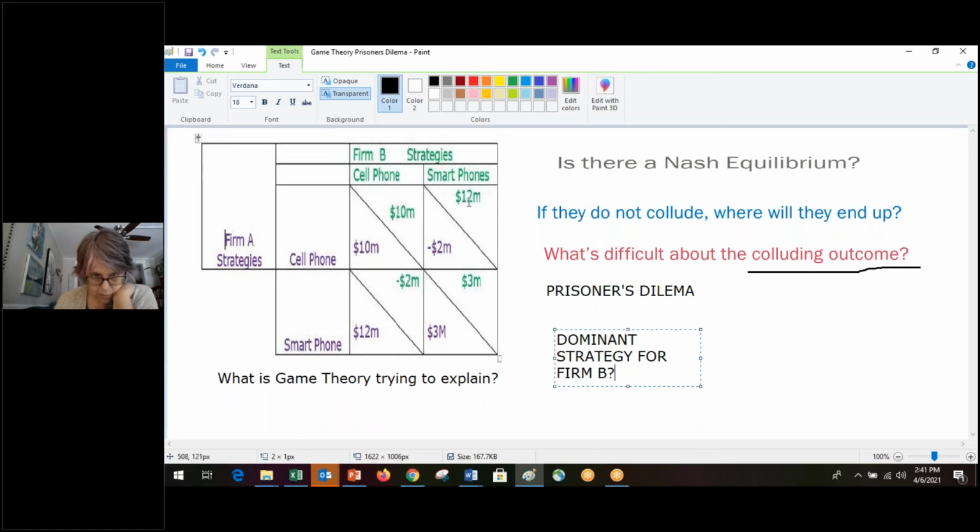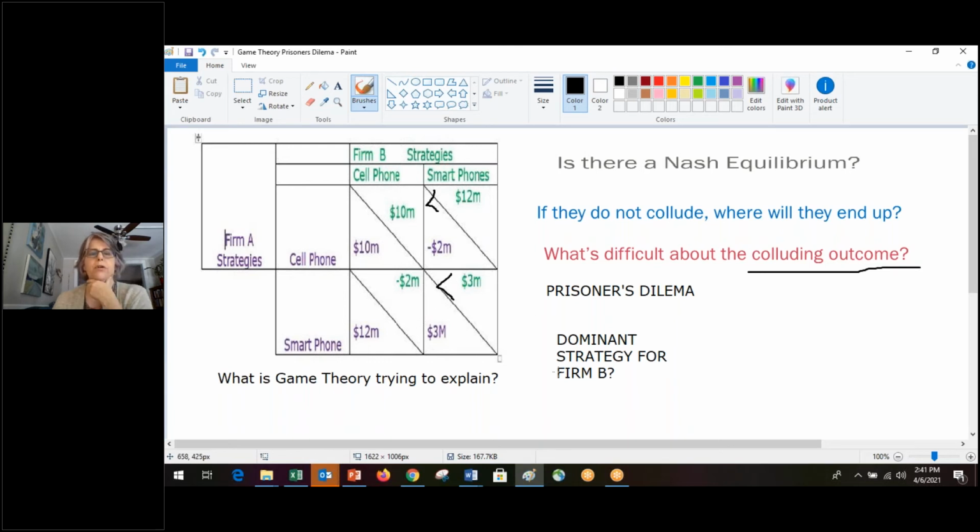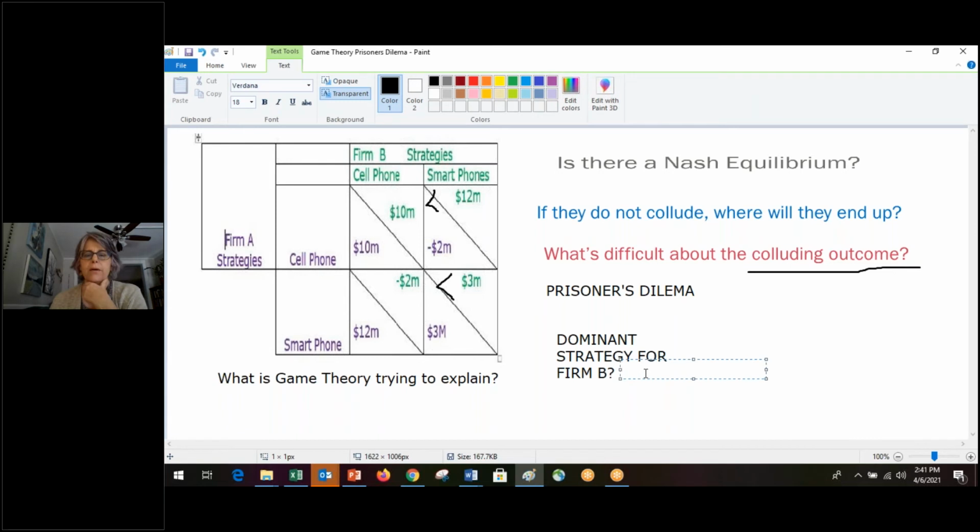If they make smartphones, they can make 12 or 3. And you can see that 12 is greater than 10 and 3 is greater than -2. So the dominant strategy for firm B is smartphones.